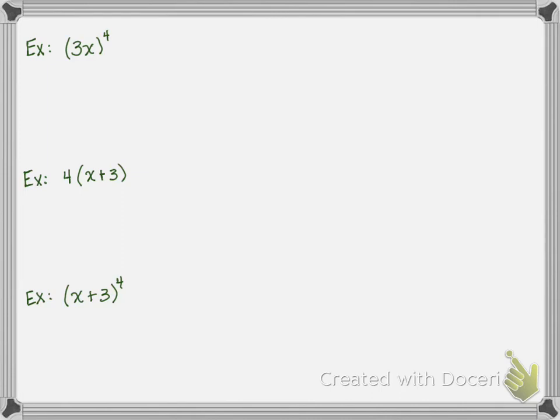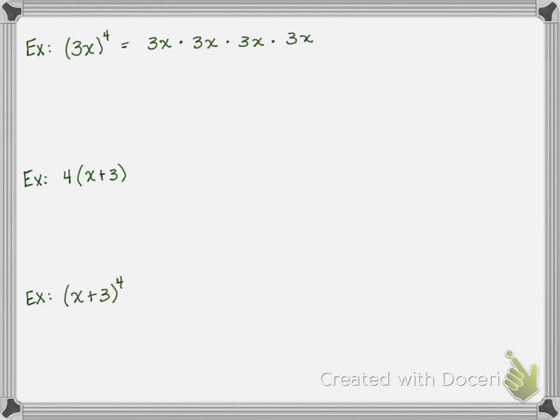Okay, we'll do them. So 3x to the 4th, that is 4 factors of 3x, yeah? So 3x times 3x times 3x times 3x. So we have 4 basic operations: multiplication, division, addition, and subtraction.